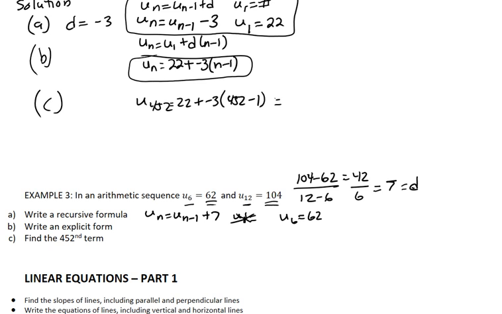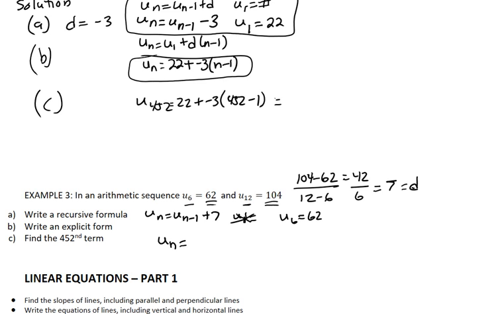Now, the second part. B, write an explicit form. So it'd be u sub n equals u sub 1. Now we have to figure out u sub 1 because we need it.